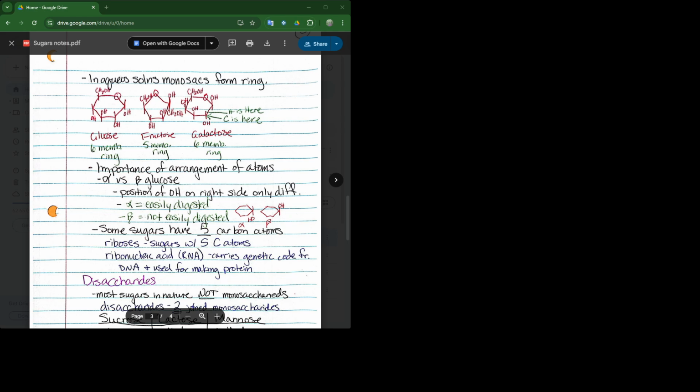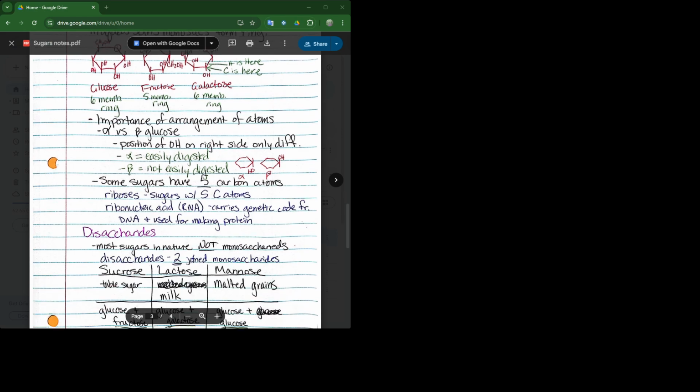The last paragraph on this page: so far the simple sugars described have a basic formula of C6H12O6. There are also some sugars that contain only 5 carbon atoms. These are riboses. Okay, so I've reached a keyword. Go ahead and continue reading.